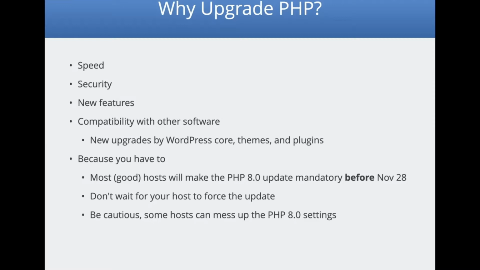Similarly, if you install new software, that may not be compatible with an old version of PHP. Now, WordPress core tries to do backwards compatibility for a lot. I think it's back to PHP 5.2 or something like that. But I wouldn't count on backwards compatibility for too far. You shouldn't be that far behind.